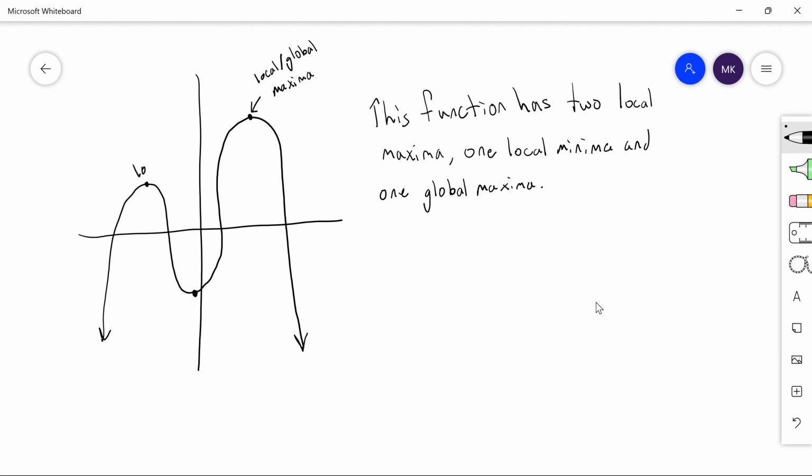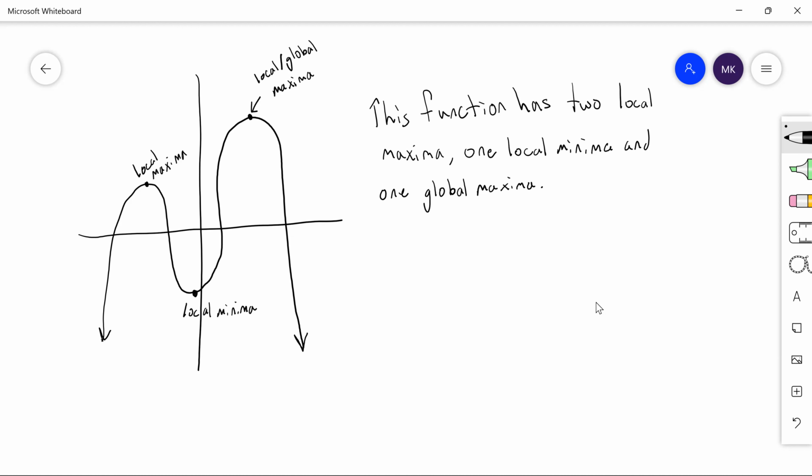This point here is just a local maxima. And then this point down here is just a local minima. Why is that lower point just a local minima and not a global minima? There's no other turning point lower than that, right? So why is that not a global minimum? Because it tends to negative infinity from both sides. Right. Because of our ends, they go to negative infinity on both sides. And so this is what we're talking about. We're talking about local minima, local maxima.